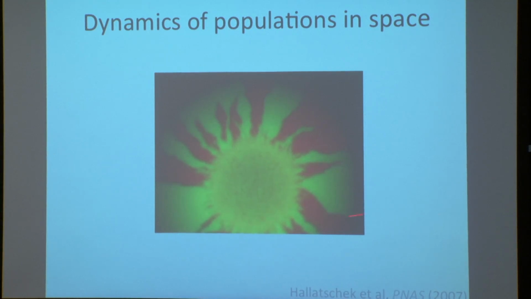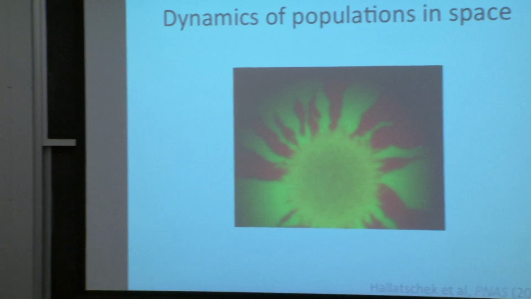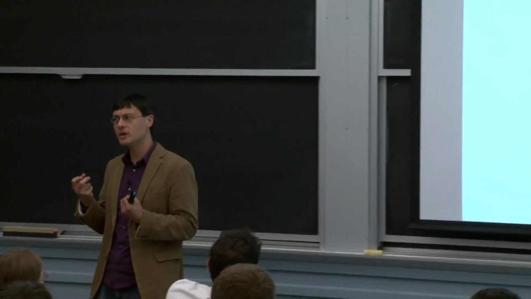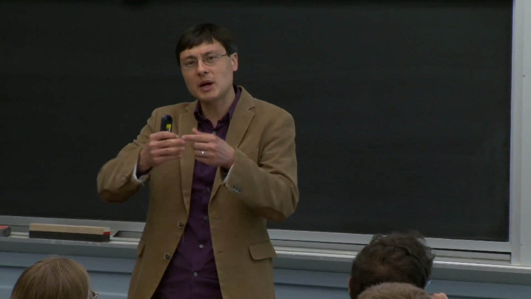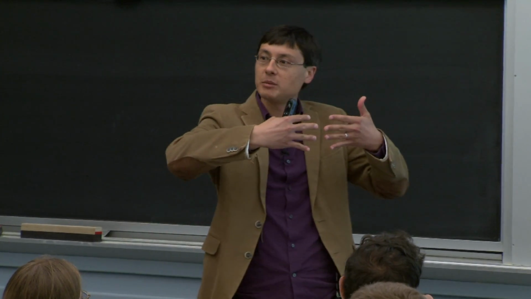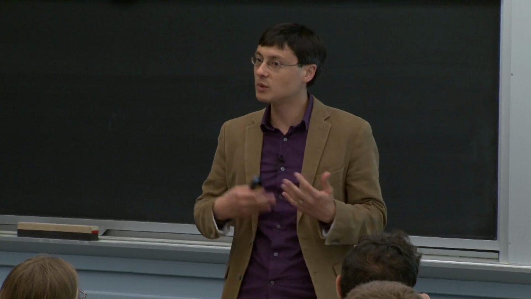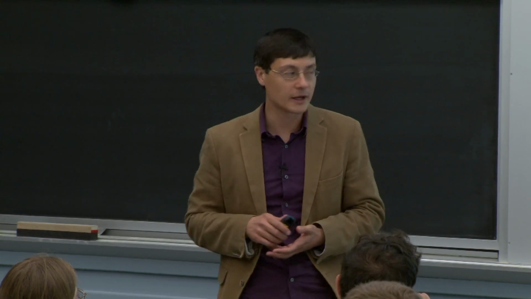In particular, one of the things that was found is that genetic drift, the role of randomness in the evolutionary process, is strongly enhanced in many of these expanding populations. Because the effective population size that quantifies the strength of noise is enhanced, since it's not the entire population that matters. It's just the population at the front of this expanding population that is relevant. So we'll explore how these ideas play out.